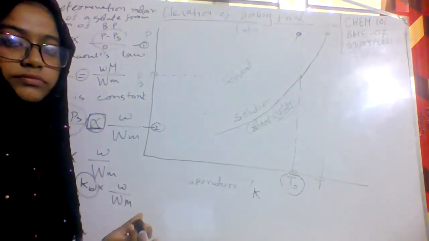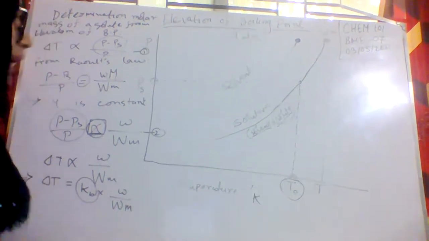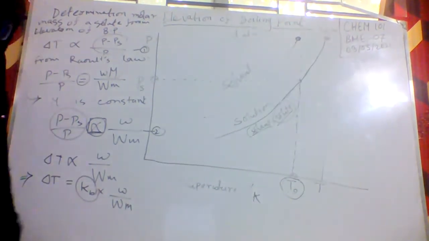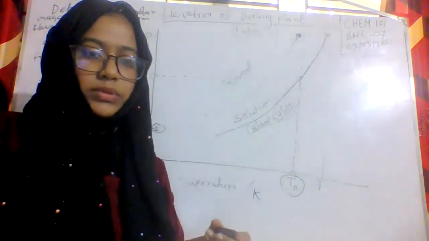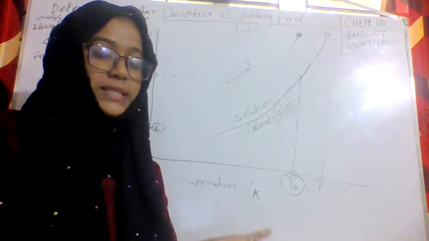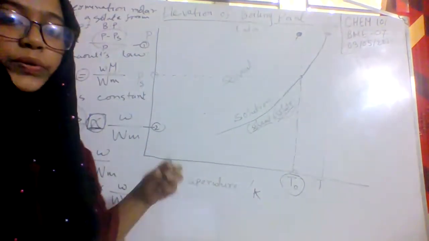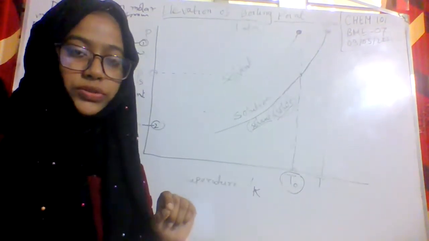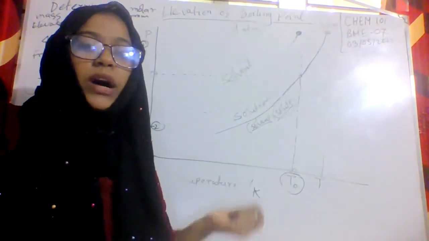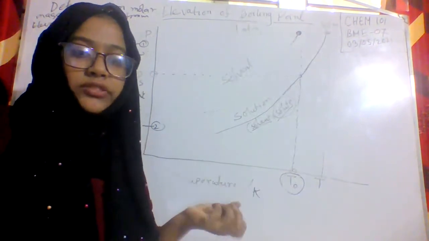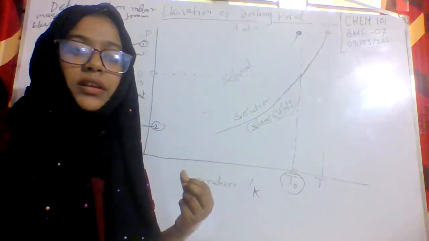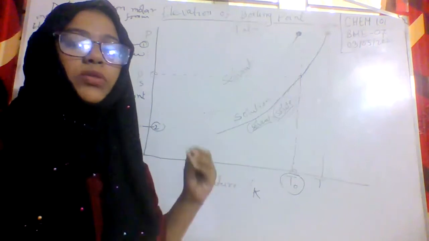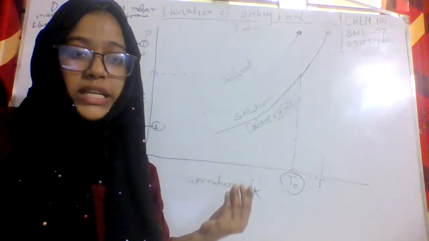Boiling point constant can be defined when we take 1 mole of the solute and 1 gram of the solvent, then the Kb will be equal to delta T.